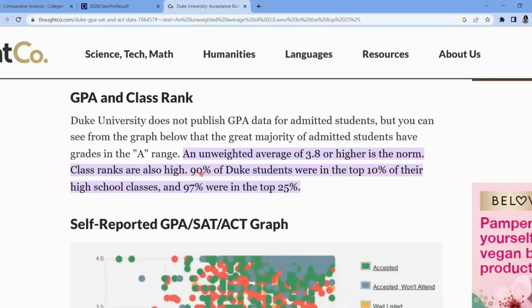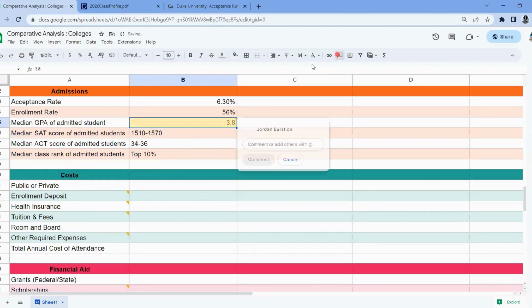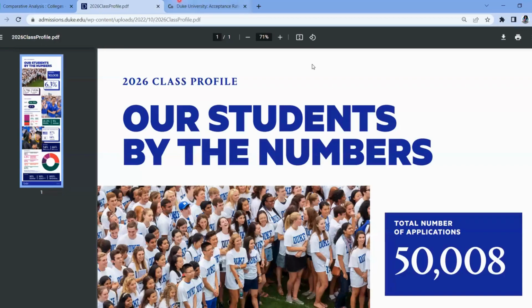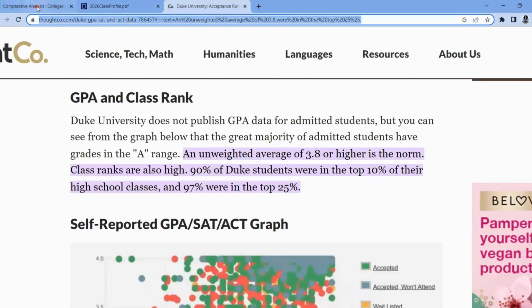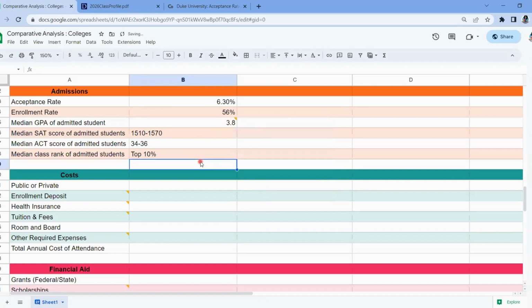They didn't give us the median, but I'll say 90% of Duke students were top 10% of their class rank. And for this information right here, I'm just going to make a comment and save where I got that information from.